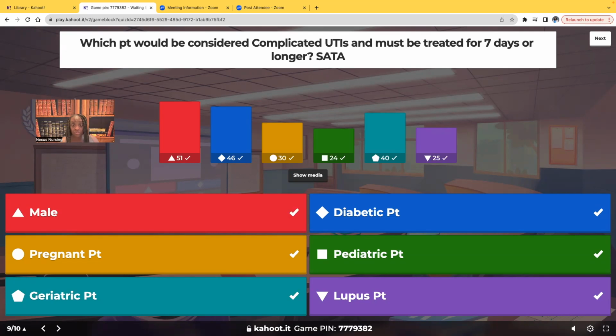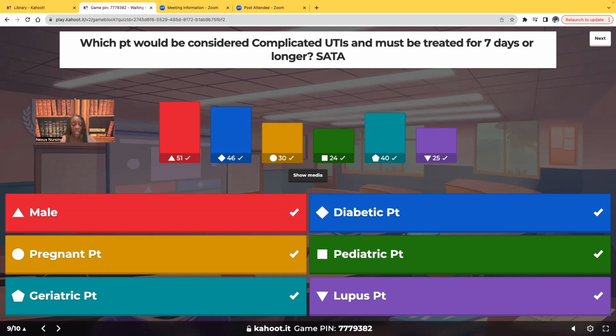If it's a male patient, if it's a diabetic, listen, if we know anything about diabetics, we know they're full of what? Sugar. Guess what loves sugar? Bacteria. They love sugary, moist, dark environments, right? So any patient that's diabetic, if they get a UTI, it's considered complicated. Any patient that is pregnant.